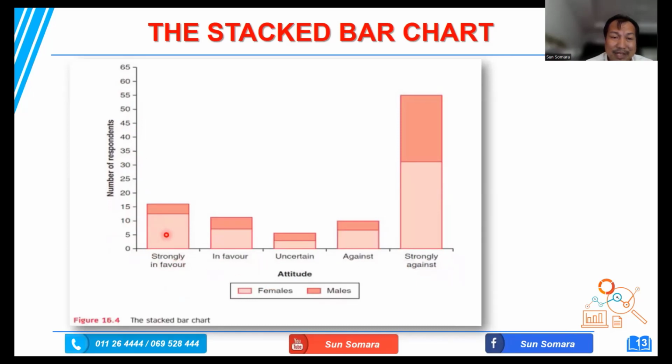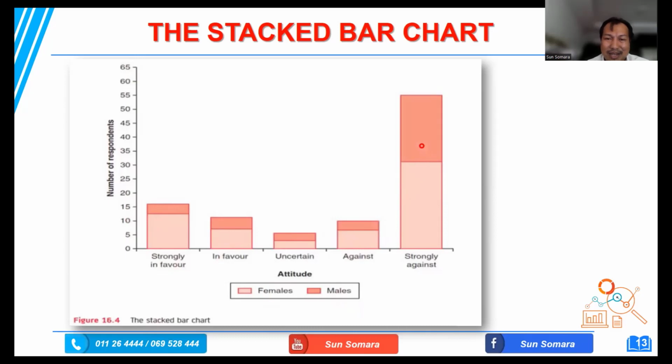And in that part, we can see the other two variables more. You can see this one is female, and the other part is male. By comparing to the vertical scale here, you will see how many of them, but it's just a bit hard to identify.